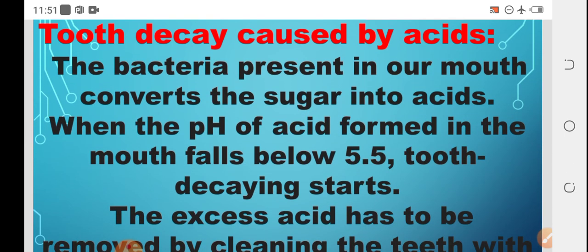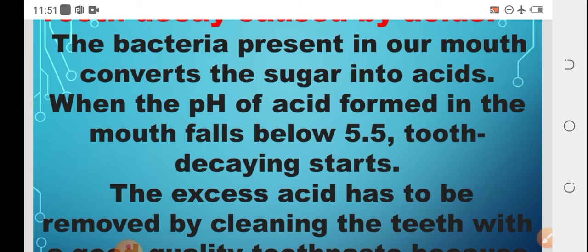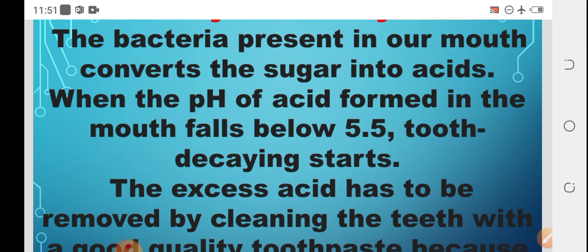Tooth decay is a common problem for every person. The bacteria present in our mouth convert the sugar into acid. When the pH of the acid formed in the mouth falls below 5.5, the tooth decay starts.